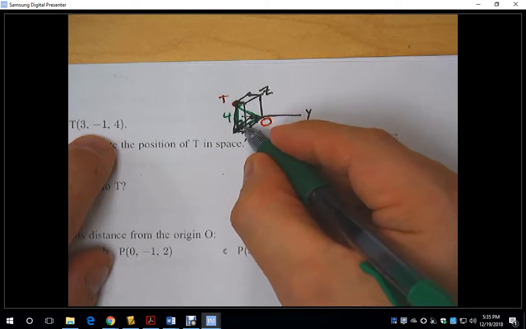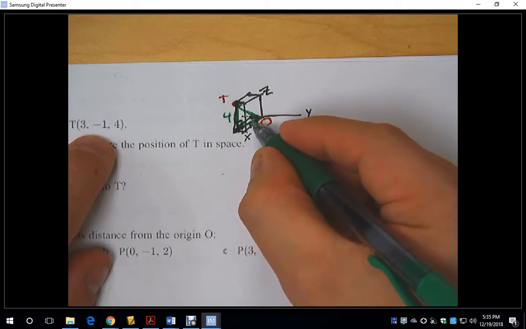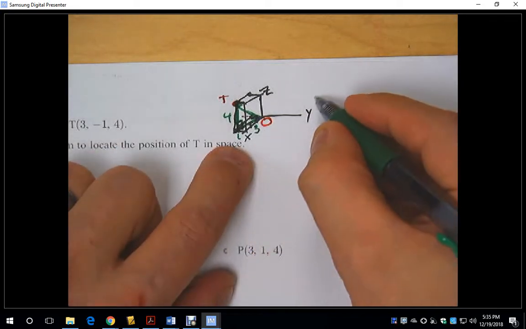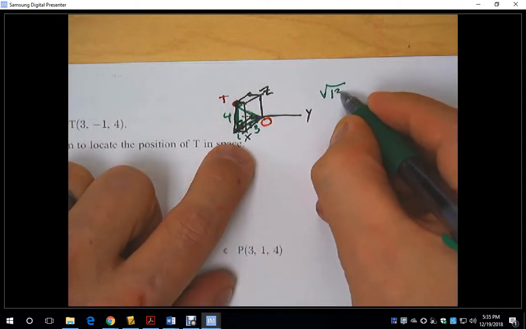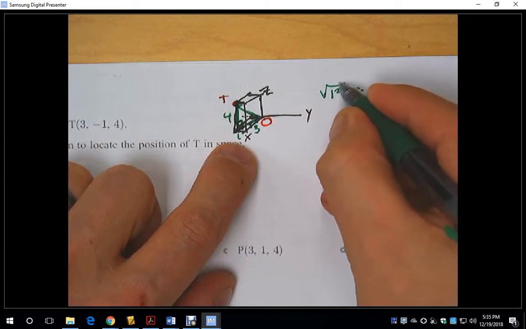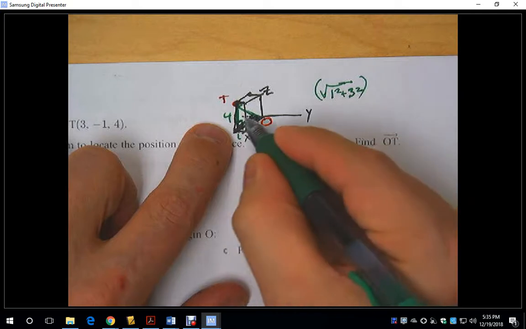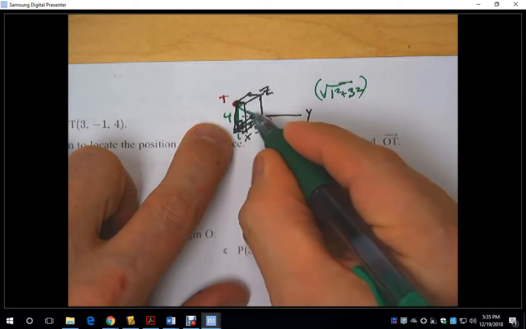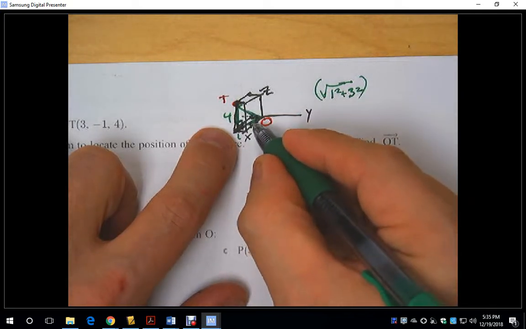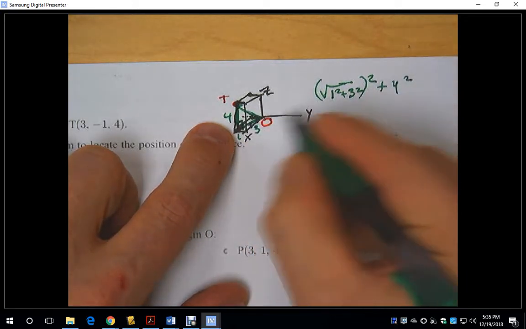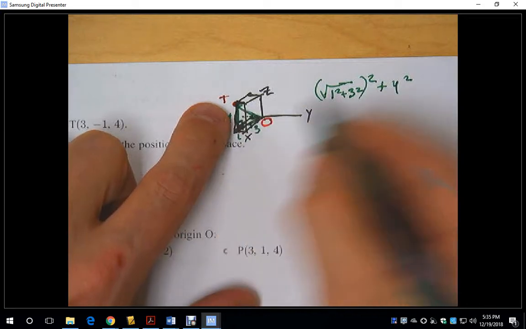We can calculate that using the Pythagorean theorem. This is 3 and 1, so we can calculate this base here by taking the square root of 1 squared plus 3 squared. And then our height is 4, so this is our A value here for the triangle, squared, plus our B value, which is 4, squared, and that should equal our magnitude squared.